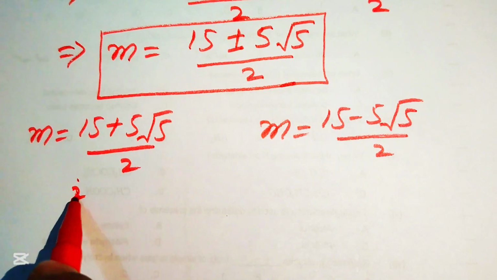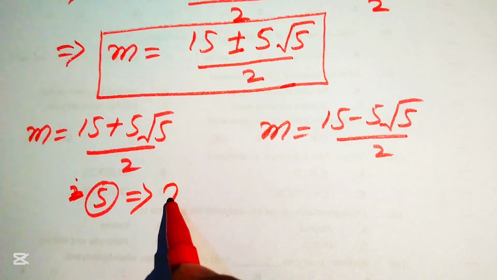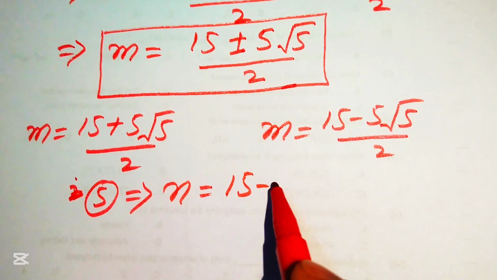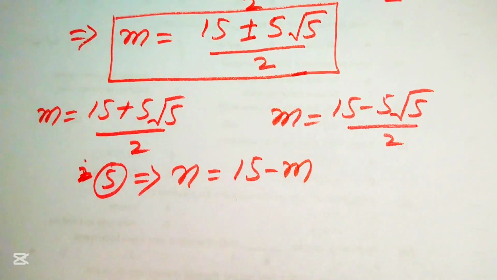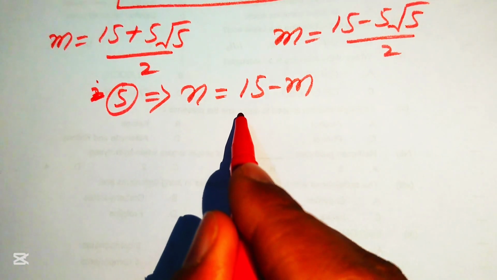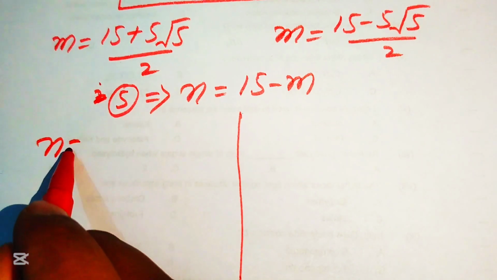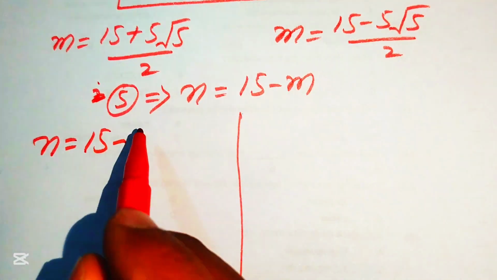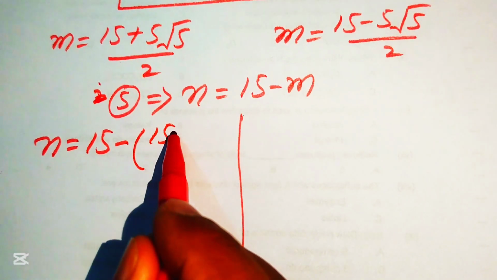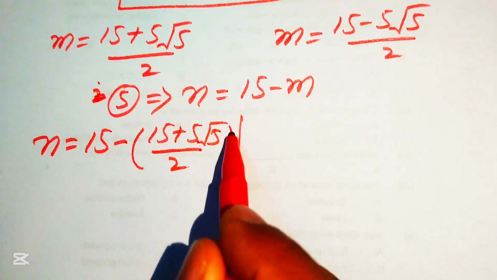Equation number 5 implies that n equals 15 minus m. So here we substitute the above two values of m, and we find the corresponding values of n. First we put this value of m here, and it becomes n equals 15 minus m. The value of m is 15 plus 5 into square root of 5 divided by 2.